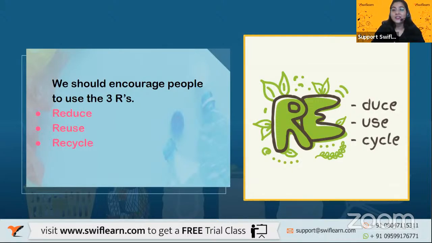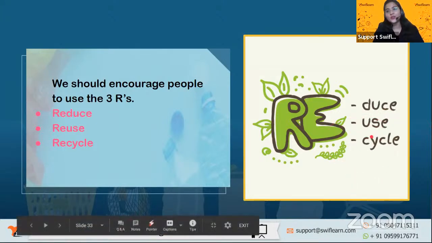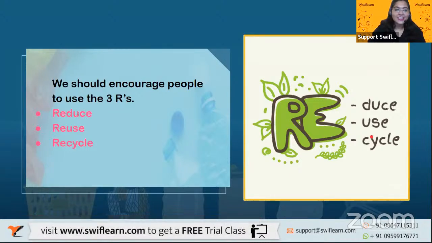These 3 R's are very important for plastic. Reduce the use of plastic, reuse it again and again whenever there is plastic, and also try to recycle it. Understood? I guess you have got an idea about what plastics are, how useful they are, as well as how dangerous they are.